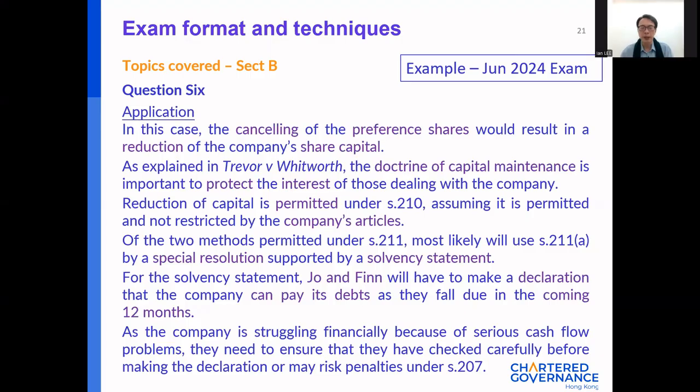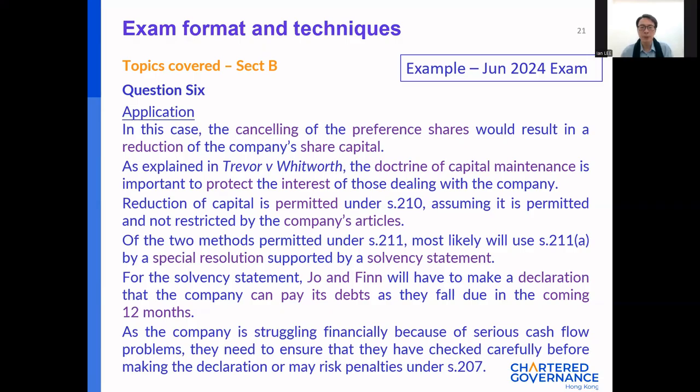So imagine if you're the supplier, you give credit to the company, you sell goods and allow the company to pay you next month. Imagine if the capital is not maintained. If they can freely reduce the share capital, pay all the money back to the shareholders before they settle all their debts, then that would not be in the interest. So that's the reason why we have the doctrine of capital maintenance.